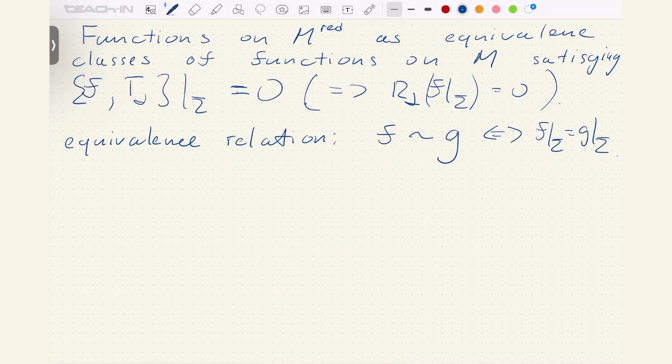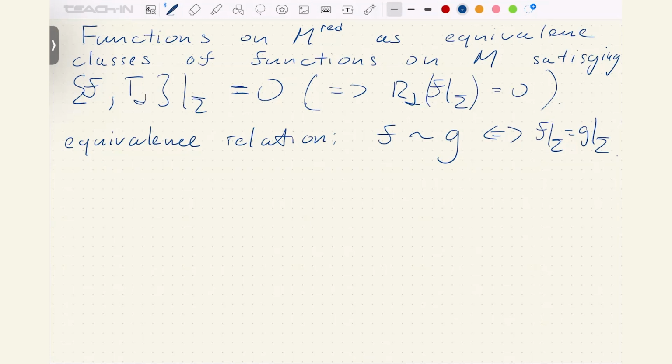We take a subspace of functions satisfying this condition, and then we quotient it with respect to the following equivalence relation. The two functions are considered equivalent if they coincide on the constrained surface.